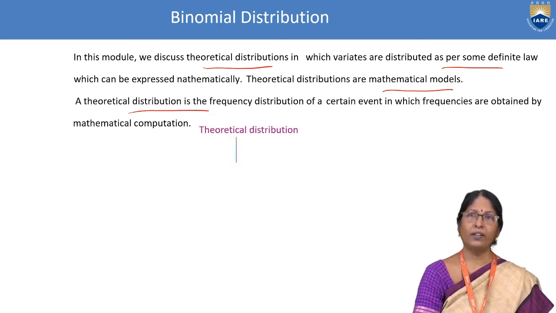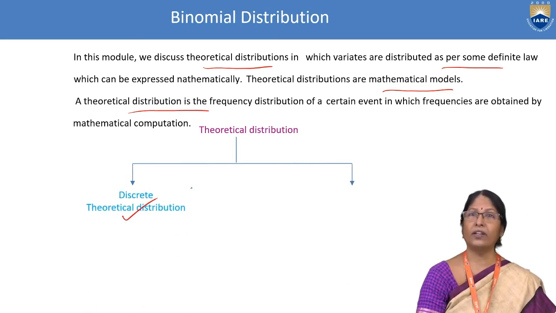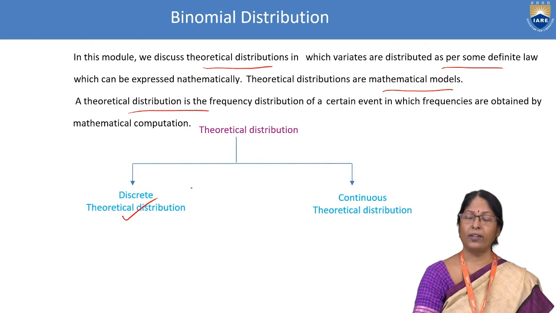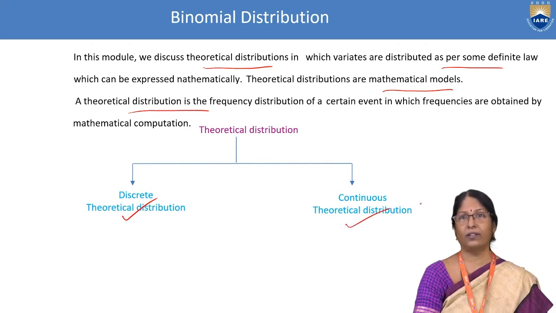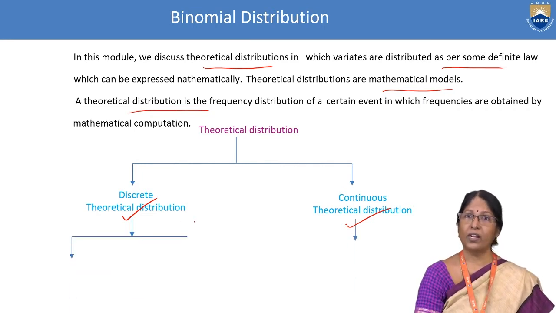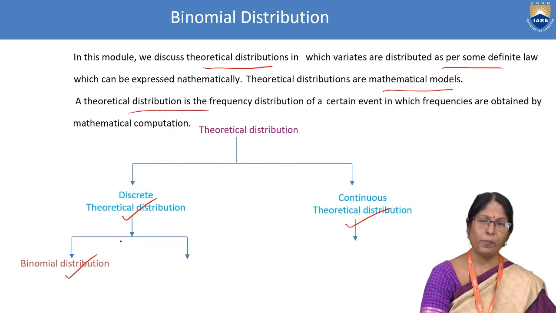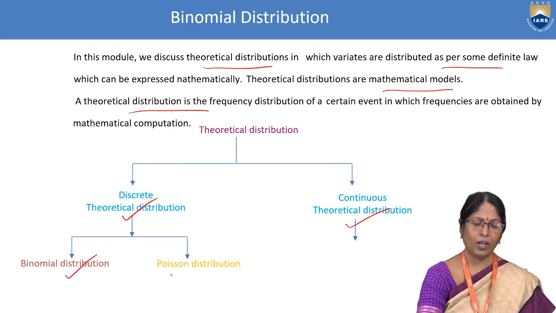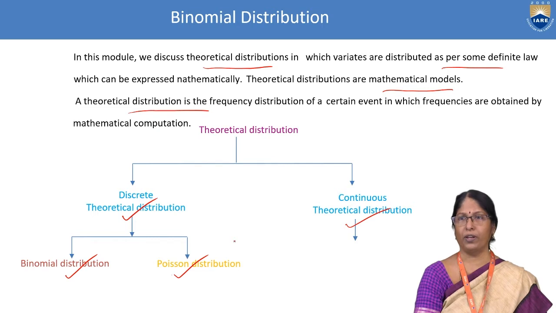Now, theoretical distributions are divided into discrete theoretical distributions and continuous theoretical distributions. Under discrete theoretical distributions, there are two types: binomial distribution and Poisson distribution.